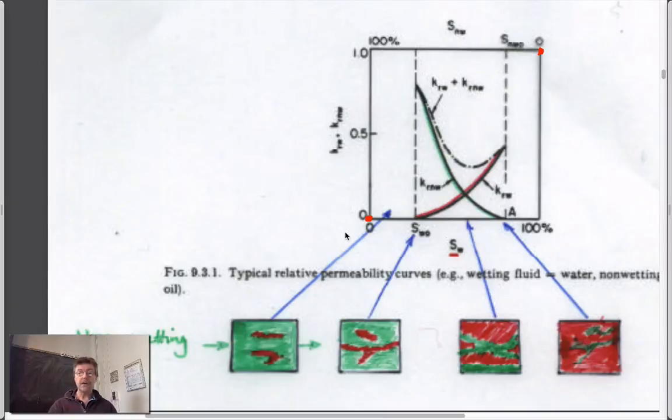Likewise, if we look at how much green fluid is flowing out of it, 100% saturated in green fluid would be this point. There'd be no water in it at all, and it would be transmitting only green fluid. The relative permeability would be this term up here. Once we get here, there's no green fluid, and the point here would be this, and the relative permeabilities that we just drew would look like this. And that would be our behavior.